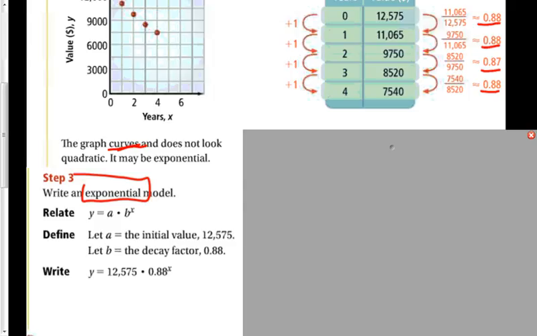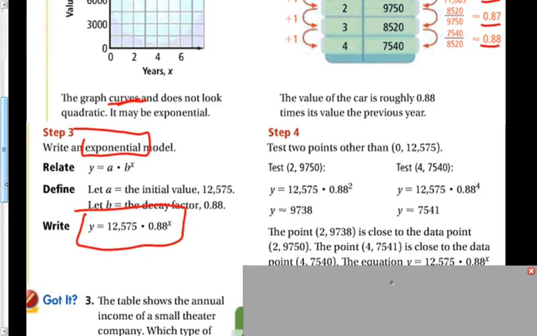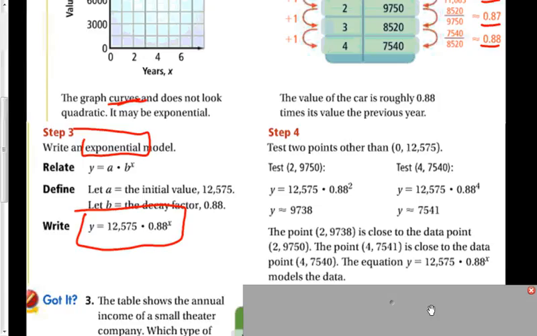So our equation then would be y equals 12,575 times 0.88 raised to the x power. Okay. Finally, step 4, it says you can go ahead and test 2 of the points to make sure it works out. And it should work out or be very close to working out. In this case, it does work out.